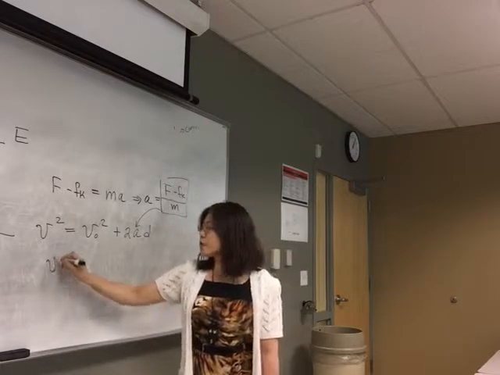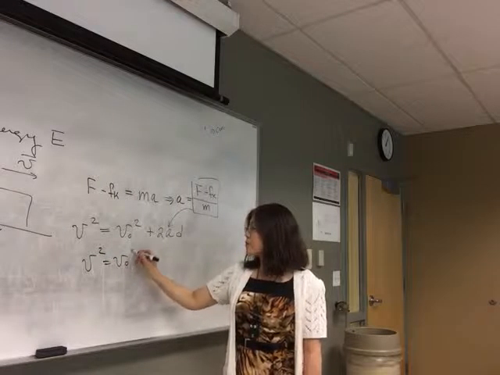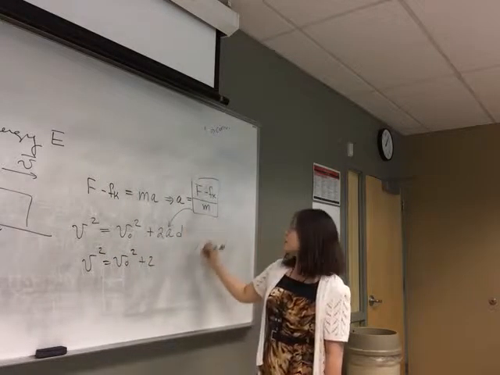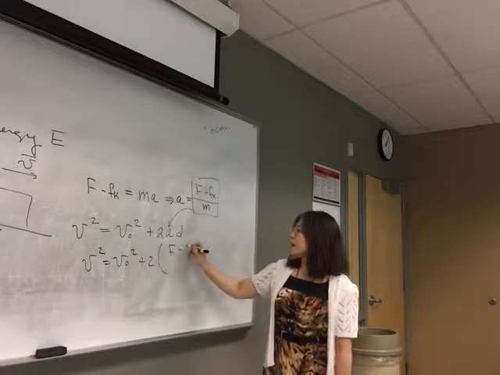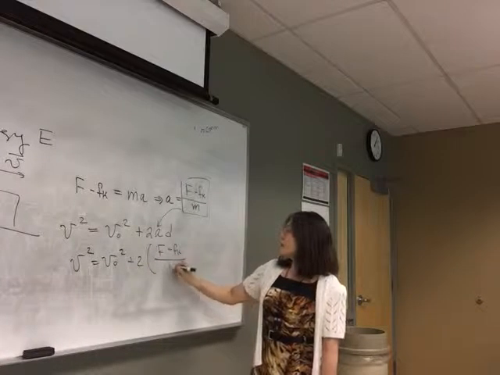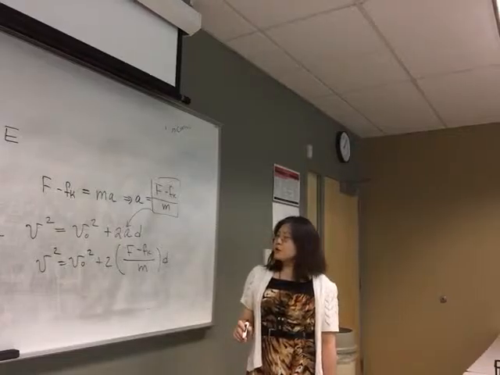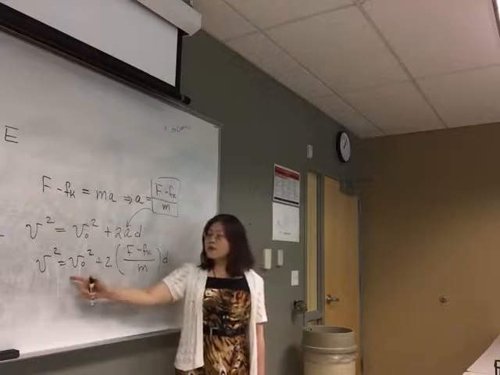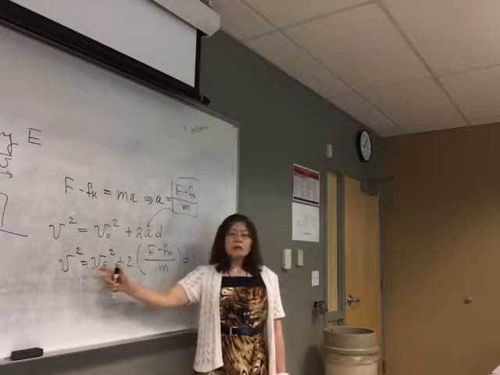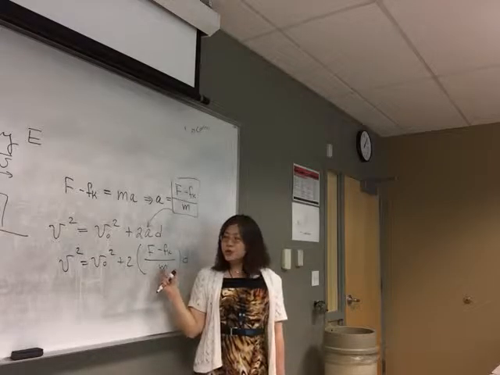So you have your v squared, that's v naught squared plus 2 times your acceleration, which is F minus Fk over m, and then times your d. And what we're going to do is multiply every term by m divided by 2.